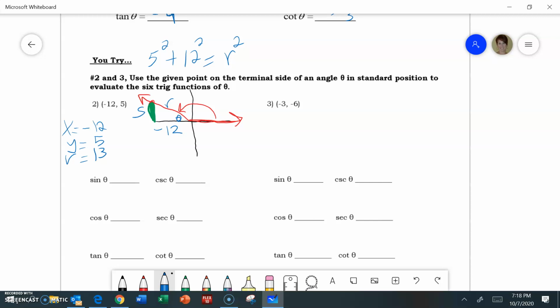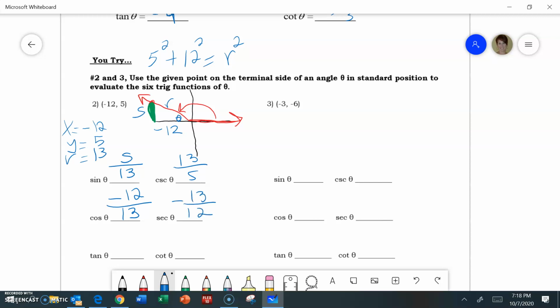So what happens now is we can use the same ratios. So our sine of theta is y-coordinate over the hypotenuse, aka radius. So we can easily do that one. The cosine of theta will be the x-coordinate over the radius, or hypotenuse, and then we have the reciprocal for secant.